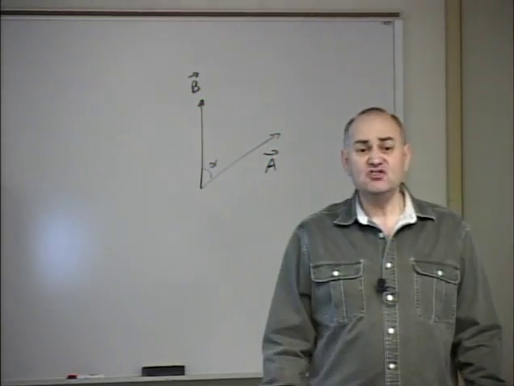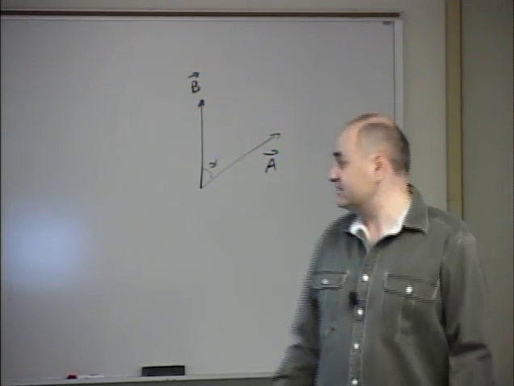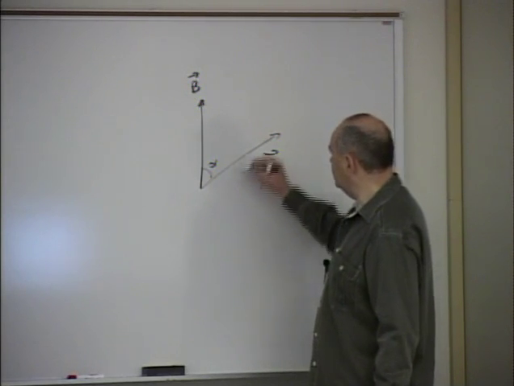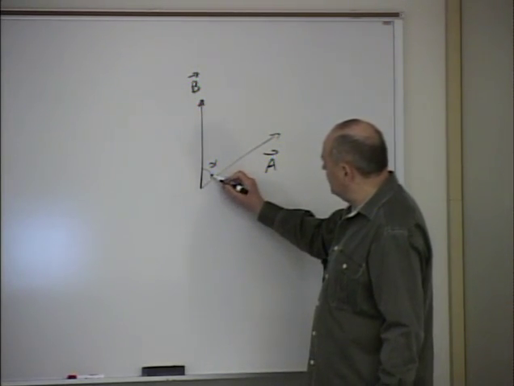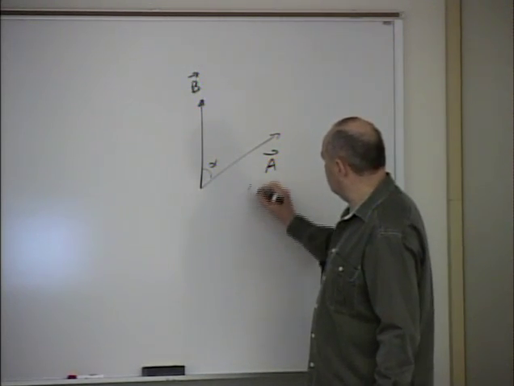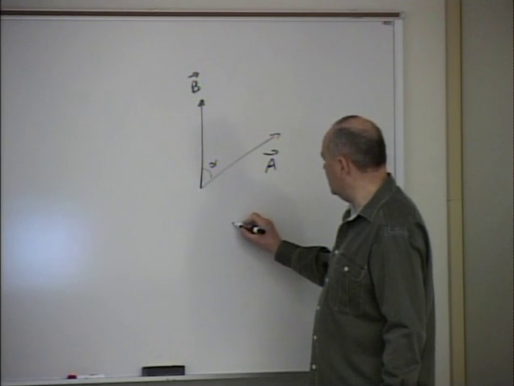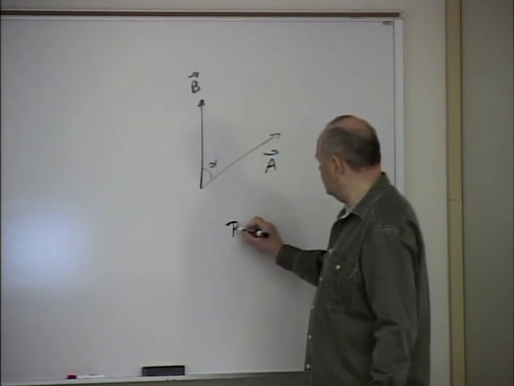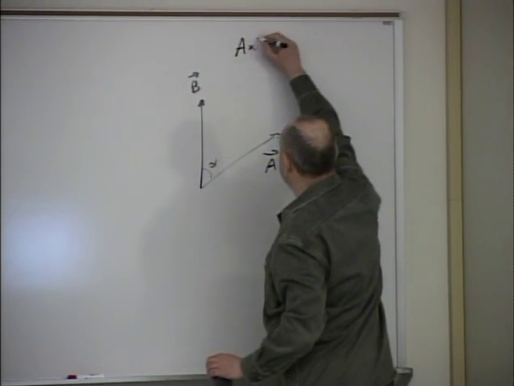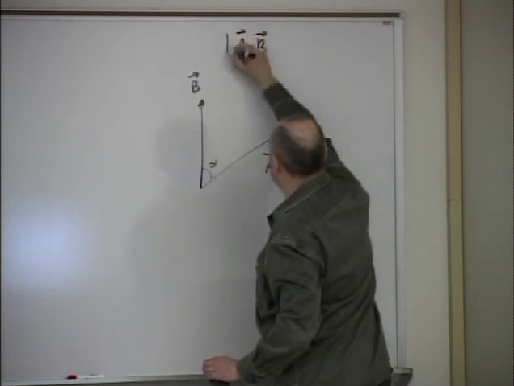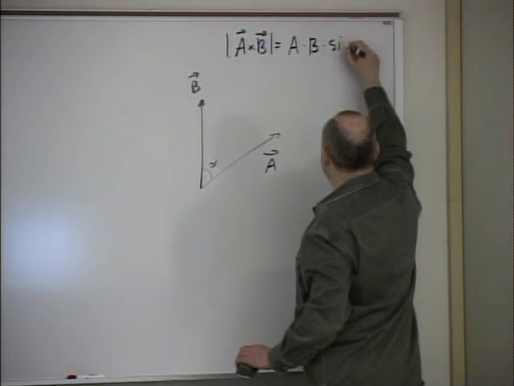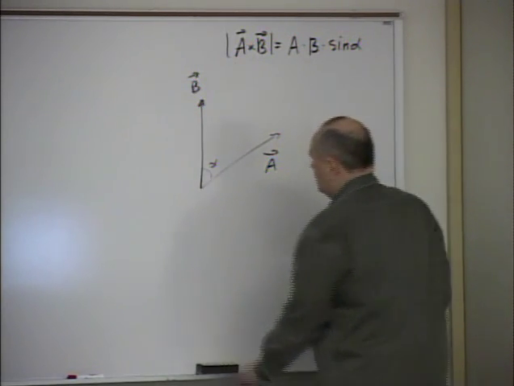When I'm interested in the magnitude of the vector product, I can always look at it this way. How about if I write the first expression for the magnitude of the vector product? Magnitude of A times magnitude of B times sine of the angle between them.